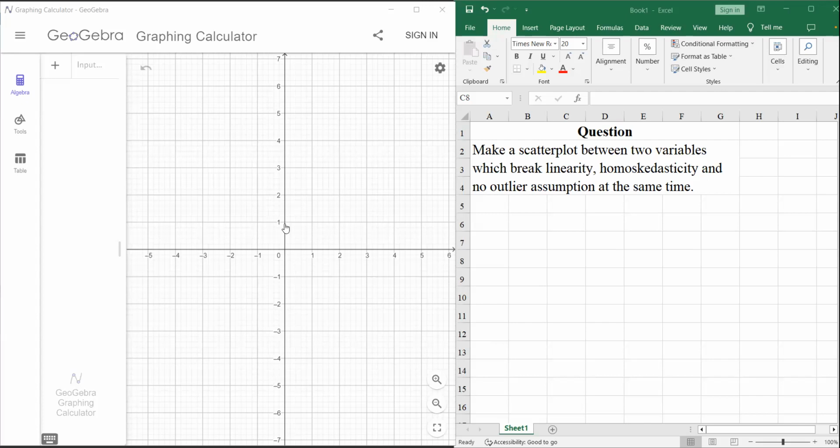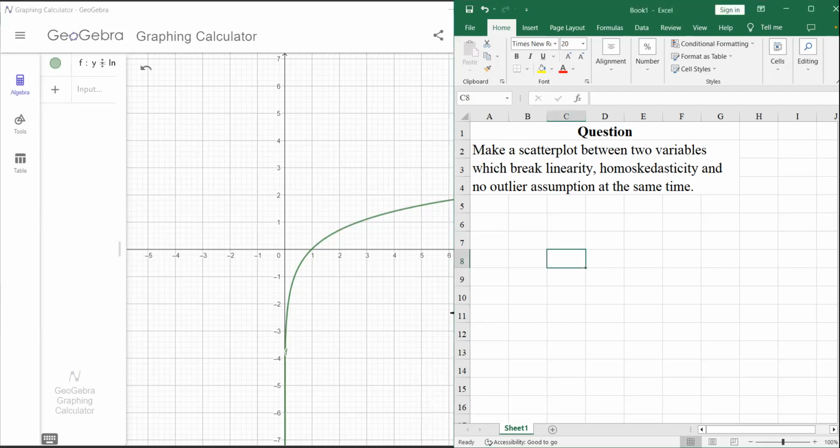If it's not a straight line which connects y and x, then it's not linear. So for example, let's assume that we have a function such as y is equal to ln x. Now this, as you can see from the shape of the curve, is definitely not linear.